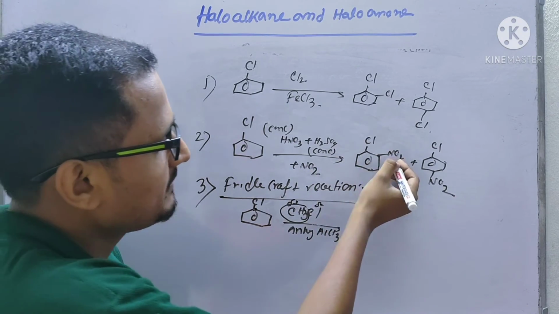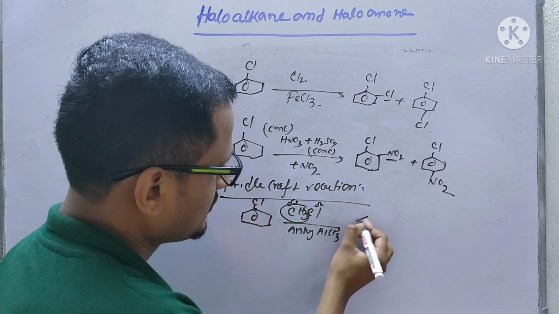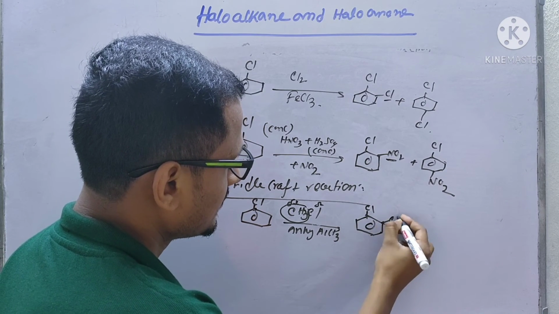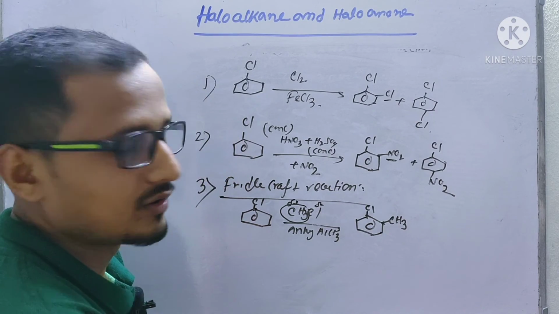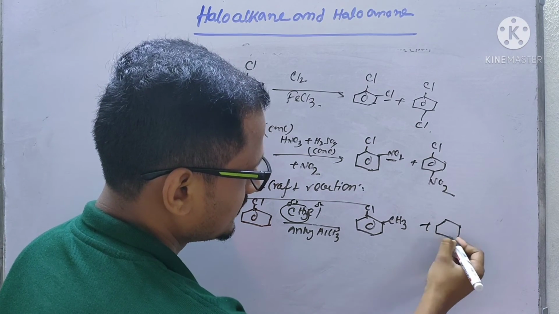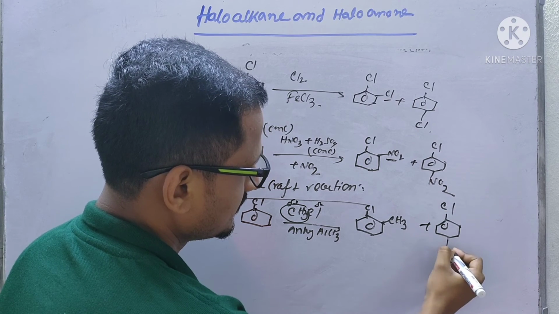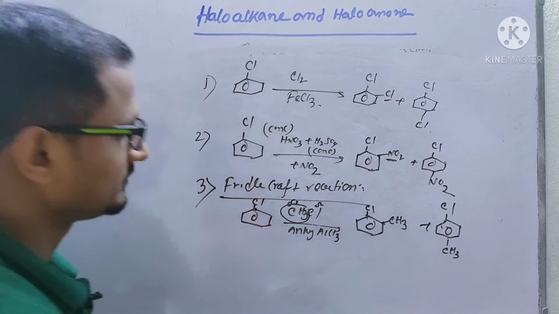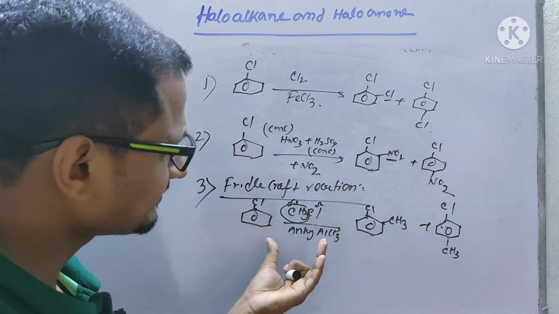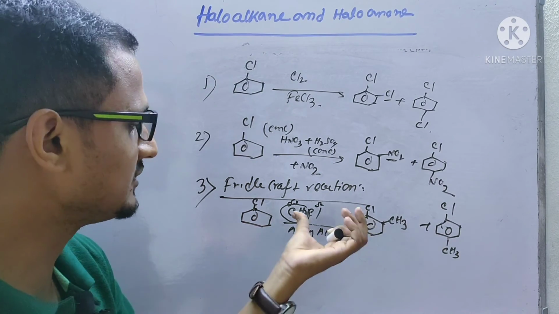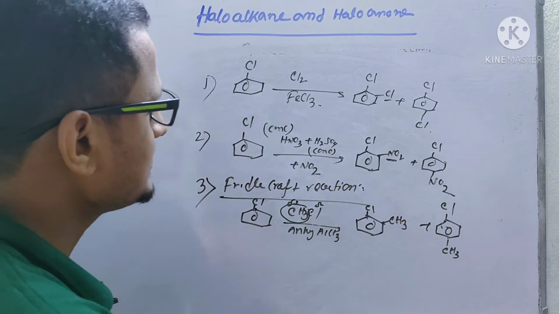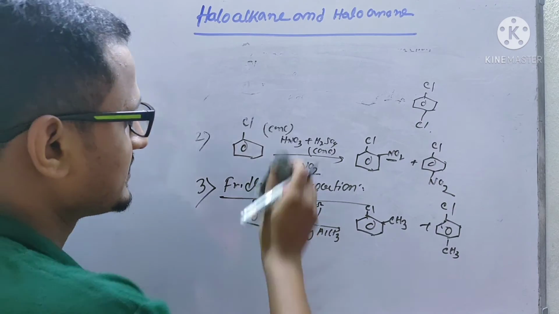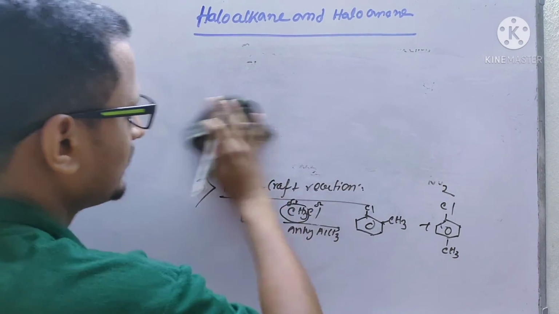Okay, same case as NO2 and chlorobenzene. So you will get simultaneously this one and this product. Understood? Okay, and this one is Friedel-Crafts alkylation, because an alkyl group we have substituted here. Same way, this one is ortho-chlorotoluene, para-chlorotoluene.